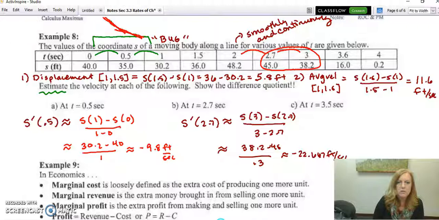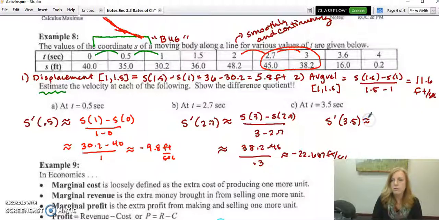I would also take a look at our last one here. We've got 3.5, and 3.5 is not even on the table. So pretty much your only choice for your estimate of the instantaneous rate at 3.5 is to use values where 3.5 is in between. So I would go for those values.